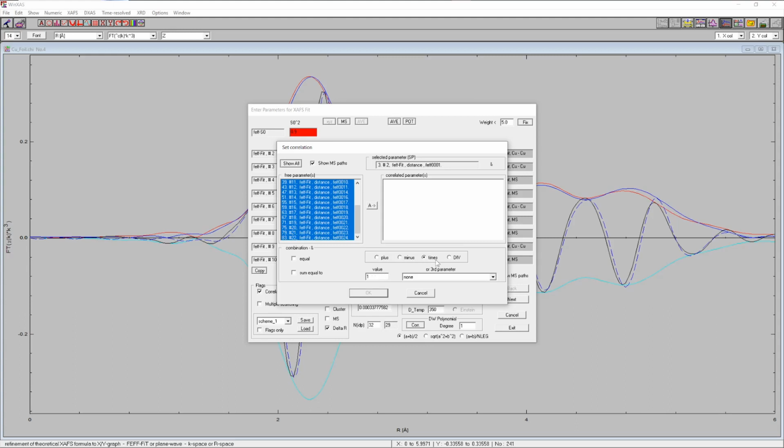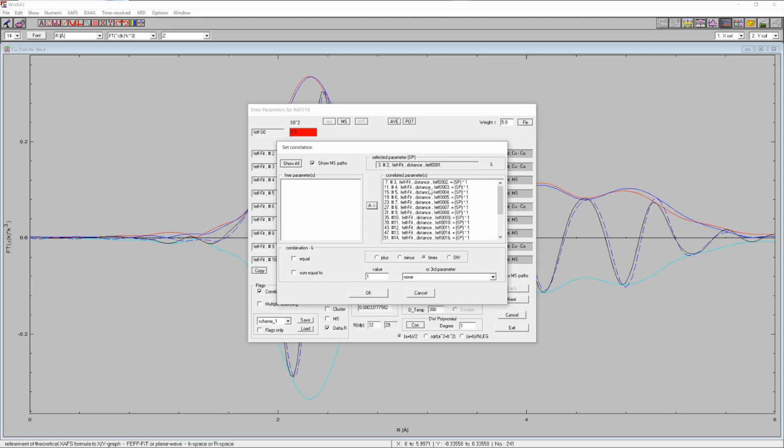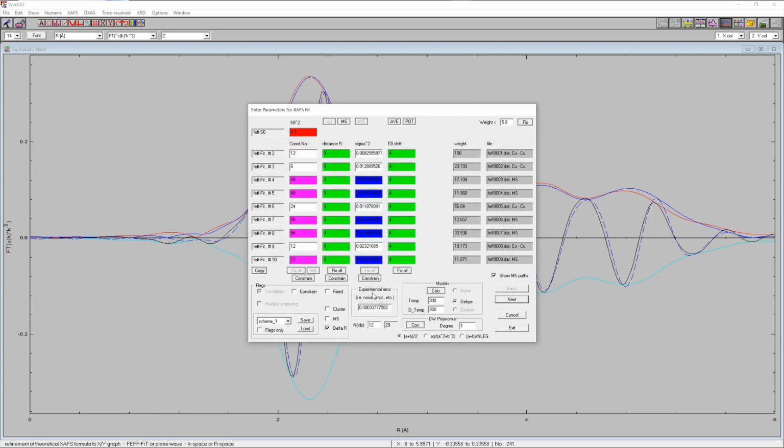The pre-selected combination is basically times 1, so that means they will be the same. So if you do not change anything here and just transfer all those parameters, then all those delta R values will be the same as the delta R value of the first shell. And this is what we want to have.